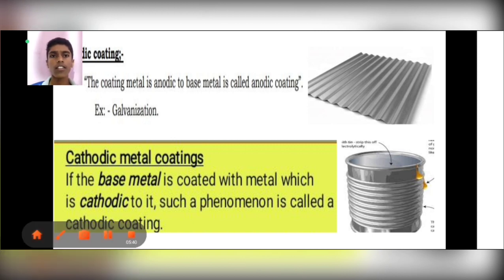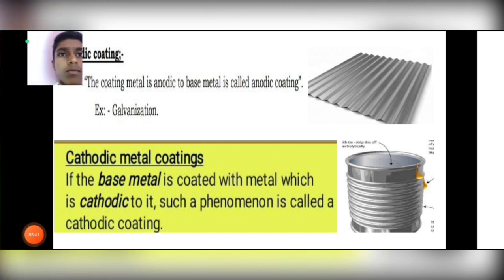Example: galvanization, where the sheet is coated with zinc. Cathodic metal coating: if the base metal is coated with a metal which is cathodic to it, the phenomenon is called a cathodic coating. Example: a drum coated with lead.